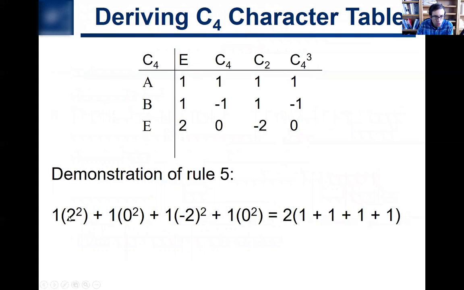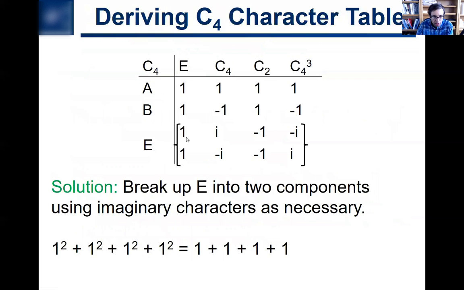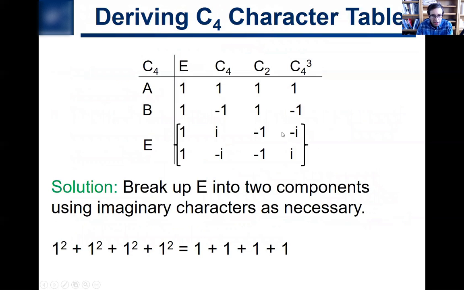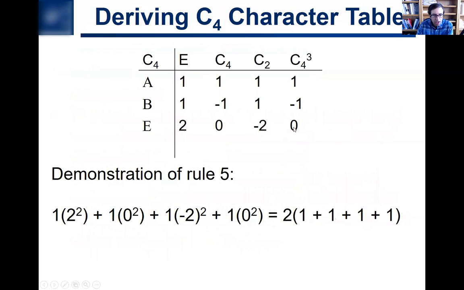here's rule 5. If you add these components together, we broke it up. That was originally what we had. But if you add those components together, you'll get back 2, 0, negative 2, and 0. And so with rule number 5, because there's two components in this vector, you're going to have to square these all up and multiply by the number of symmetry operations.